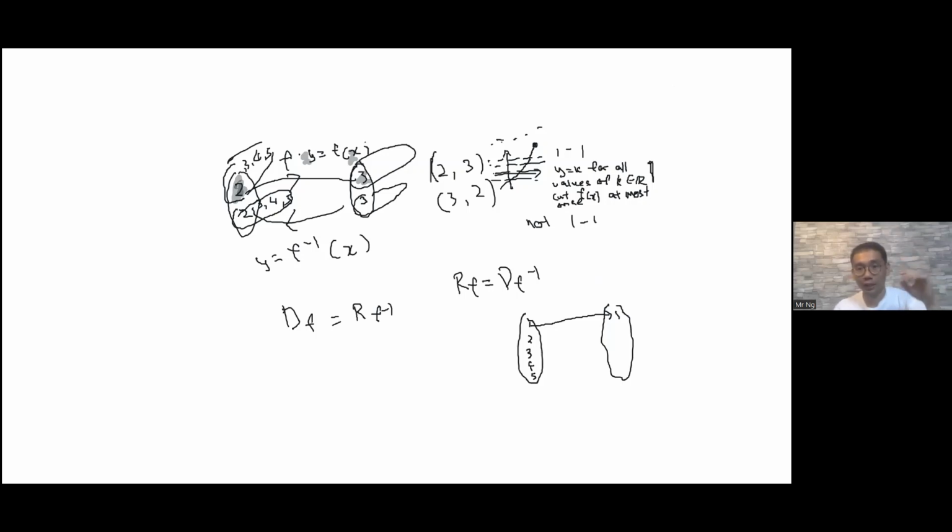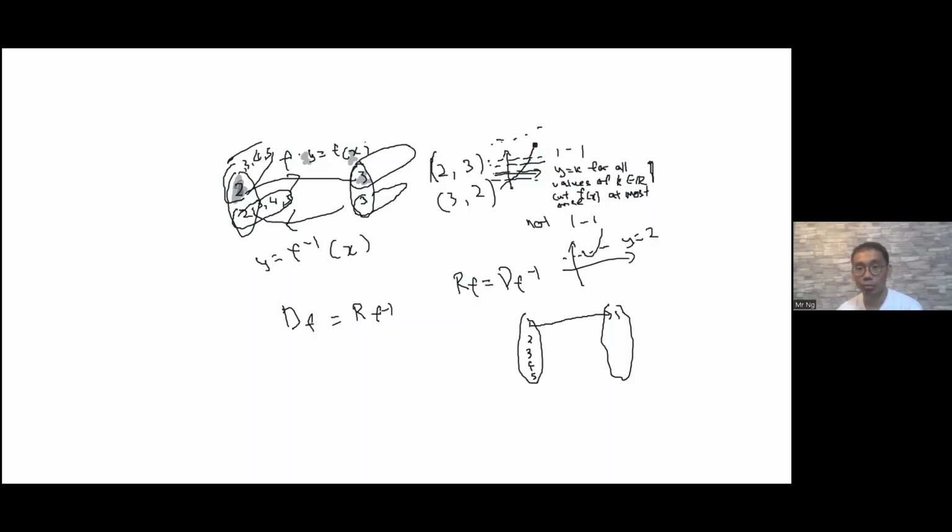Whereas for not a one-to-one function, you just need to prove a particular value, say y equals 2. You just need to prove a particular y value that violates the two x values property.